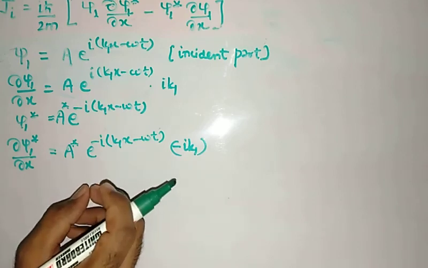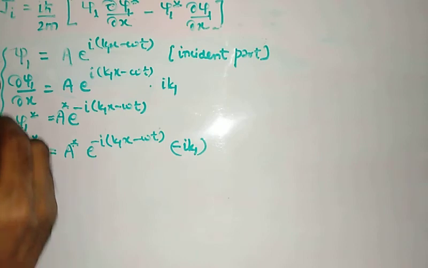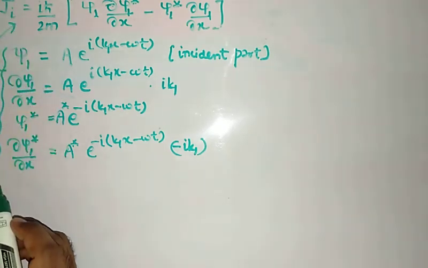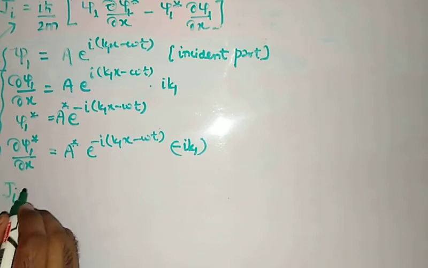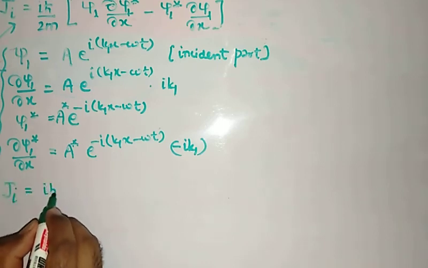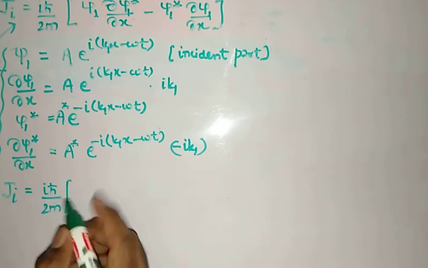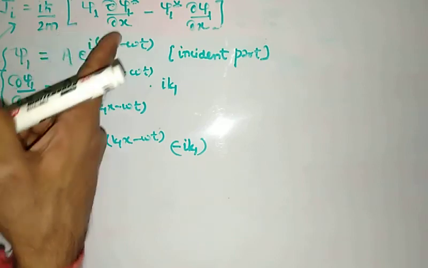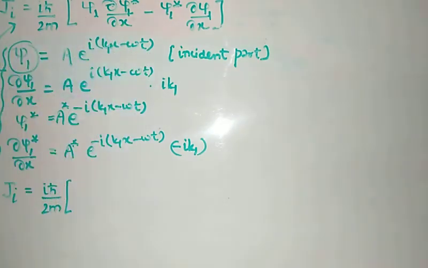Now these values we will put in this equation. Putting in this value, Ji is equal to i h cut upon 2m times psi 1, which is the multiplication of psi 1 with this. I think we can do this one first.